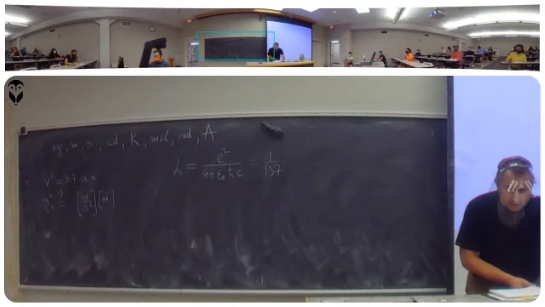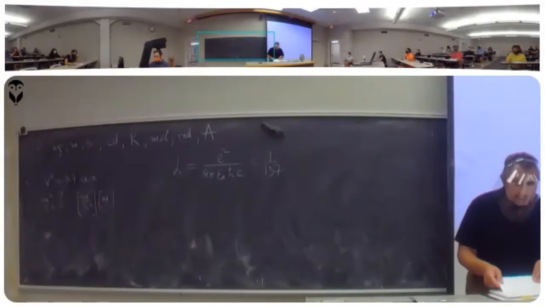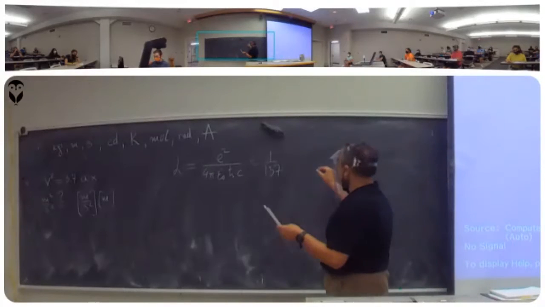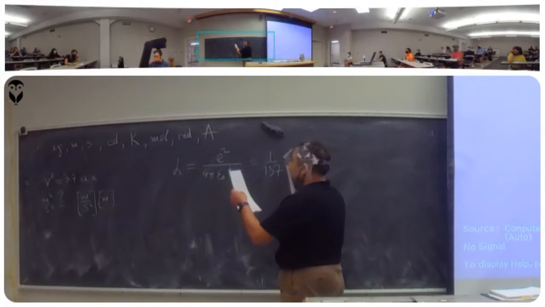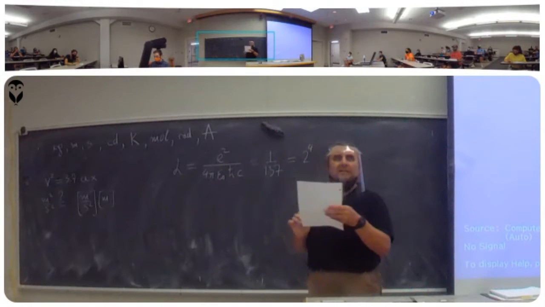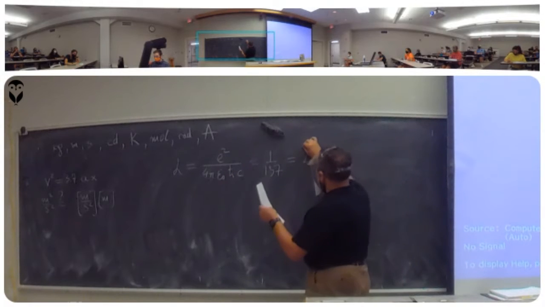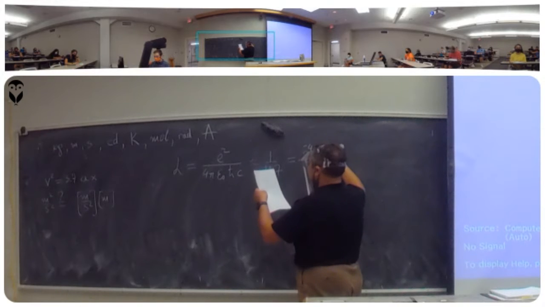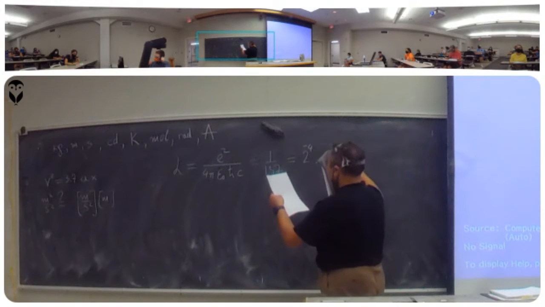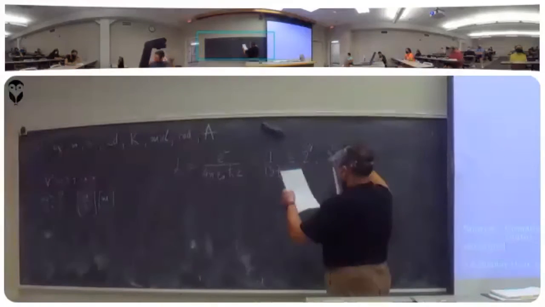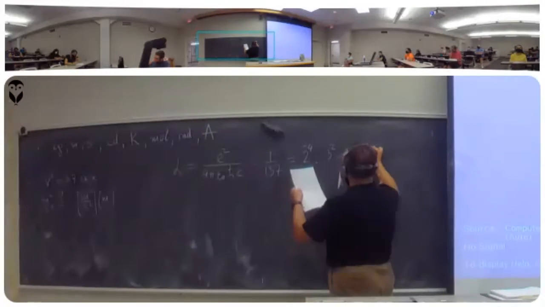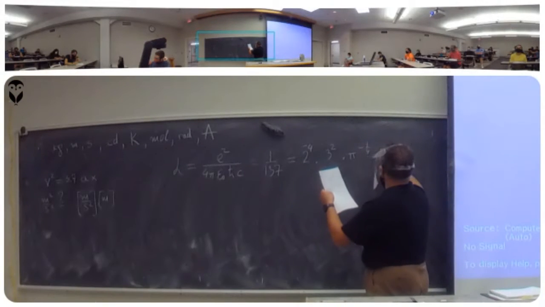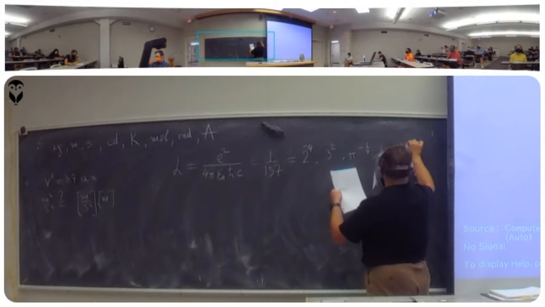But people have played around with numbers, and somebody noticed that this number is very accurately given by the following simple numerical expression: 2 to the power negative 4 multiplied by 3 to the power 2 multiplied by pi to the power negative 1/4 and multiplied by 5 factorial to the power negative 1/4.